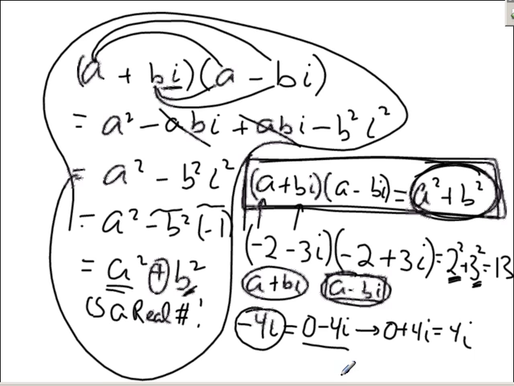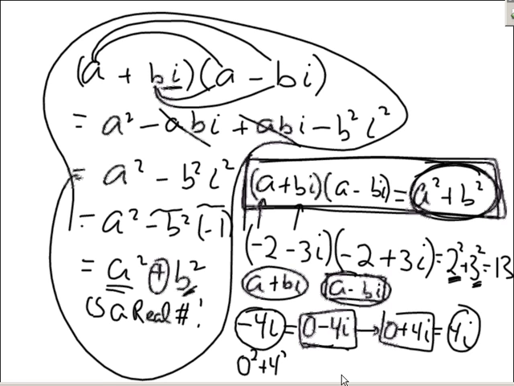So negative 4i and positive 4i are complex conjugates. So when you multiply them, you better get a real number. Well, one way to do it is to look at it from here. If you multiply those two numbers, you get 0 squared plus 4 squared, which is 16.